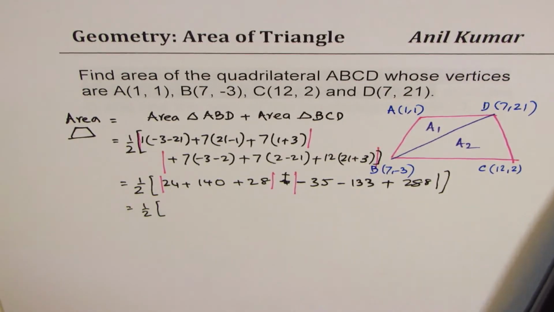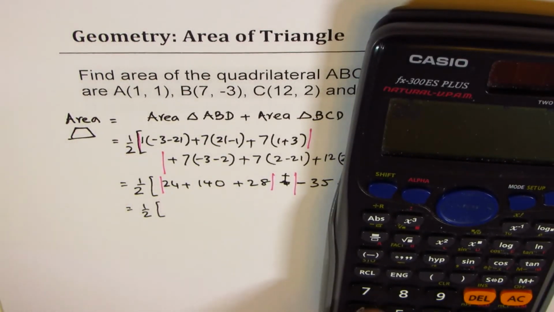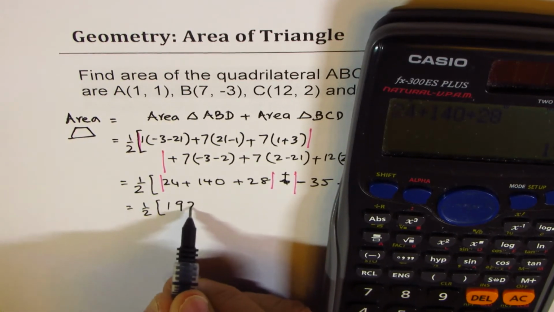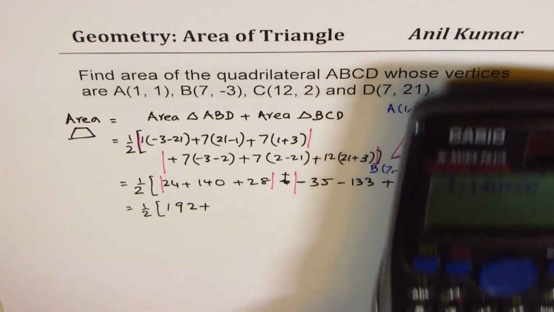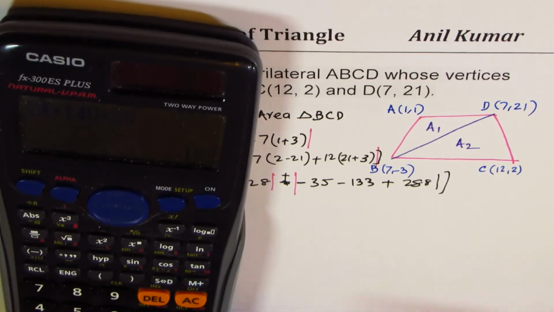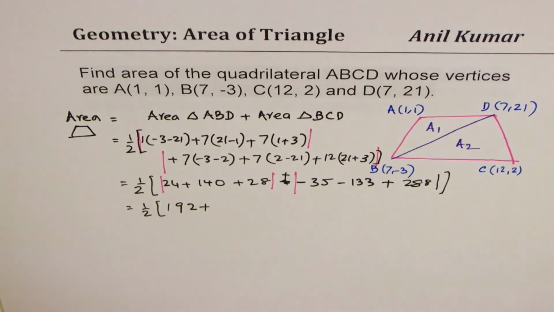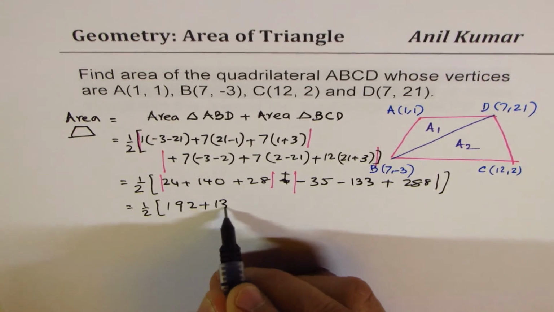So these figures are 24 plus 140 plus 28, which is 192, plus, let's see this value. So it is 288 minus 133 minus 35 equals 130. 130, right?